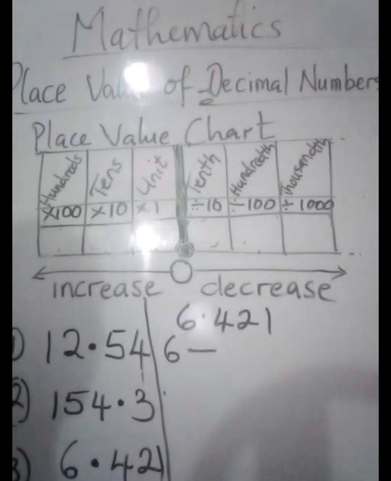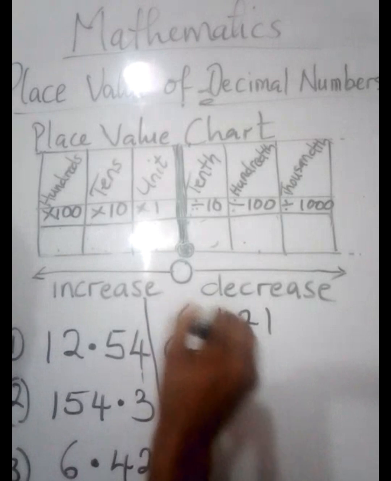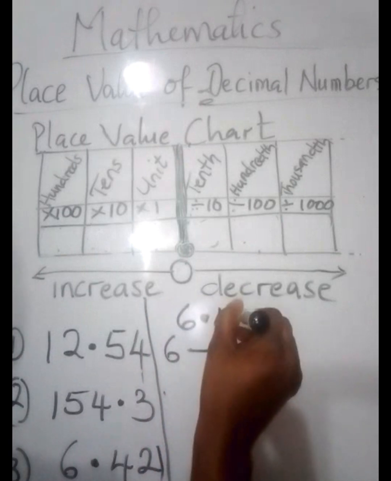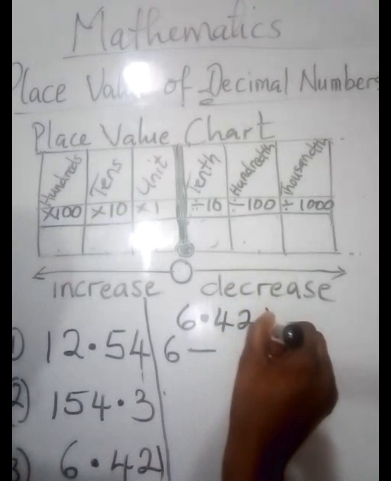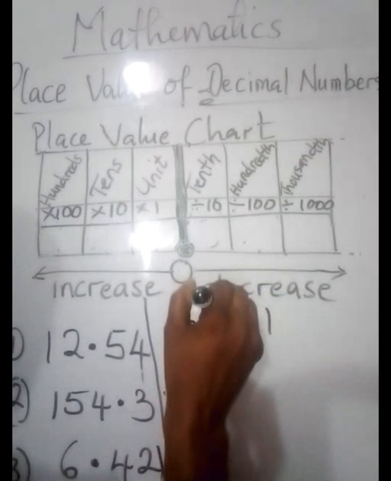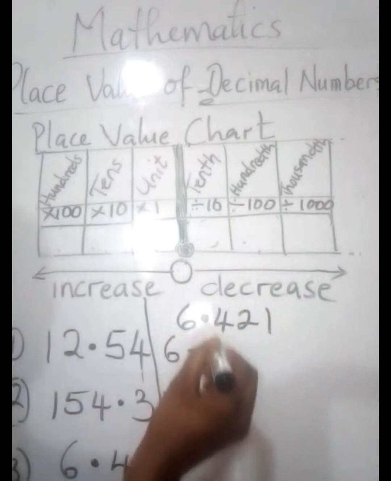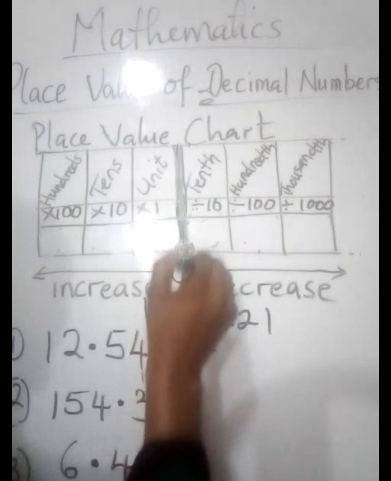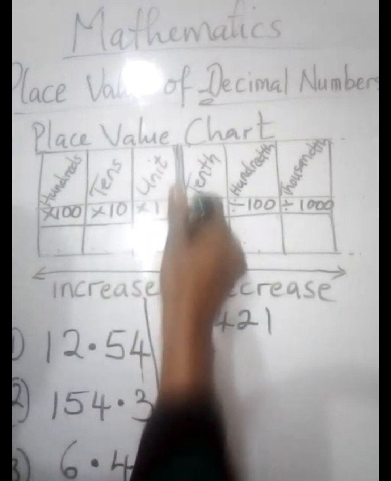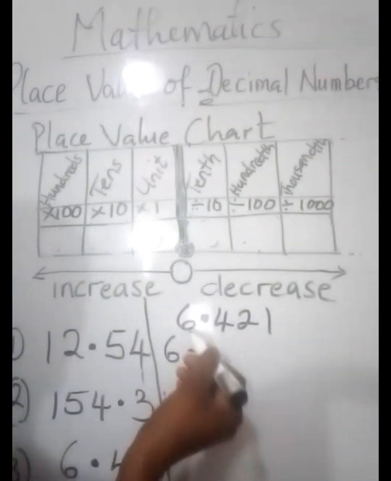Like I mentioned earlier, you always look at the point. That is what helps you to properly arrange your numbers in the numeric value positions. If you look at this point, the number to the left of the point is 6, and that comes right before the point.